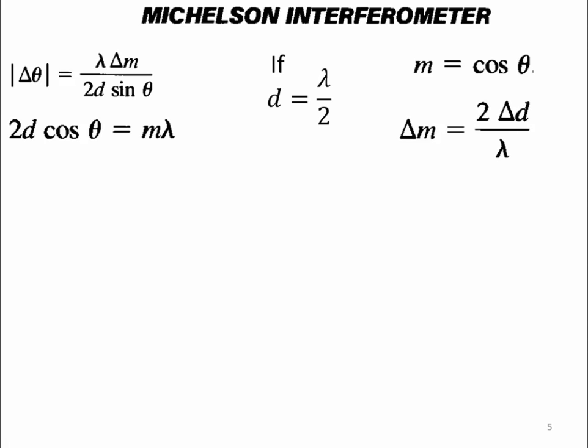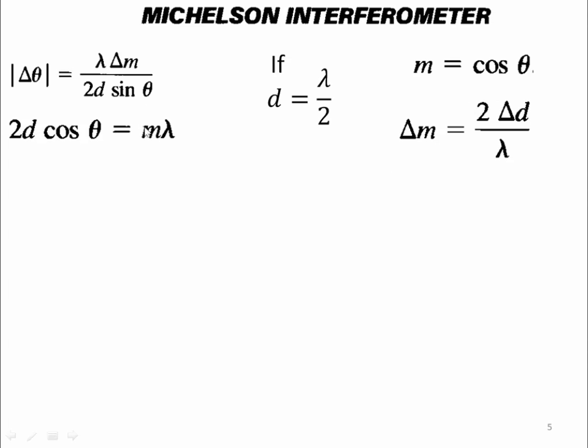There's another thing which we can see, that suppose we vary delta m. So basically delta m for small value of theta, suppose theta is close to 0, then delta m will be equal to 2 delta d divided by lambda.